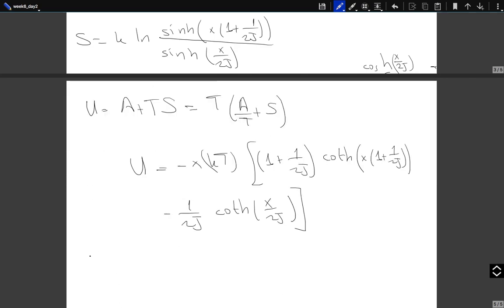And keep in mind that x was the Bohr magneton, g times J times B over kT.